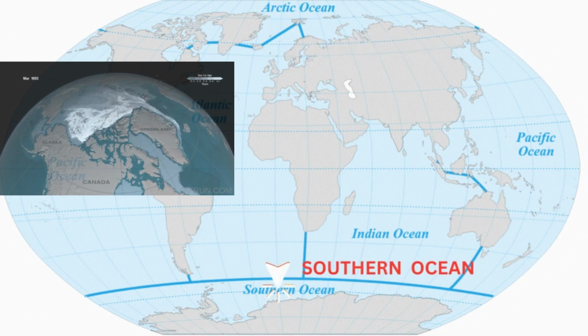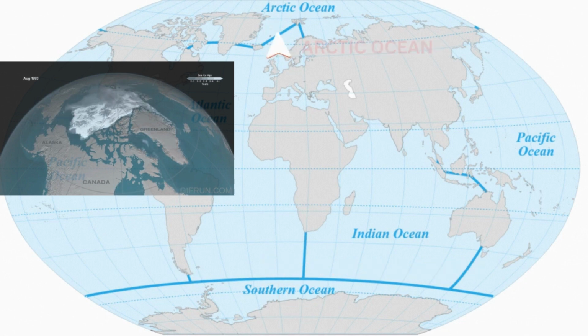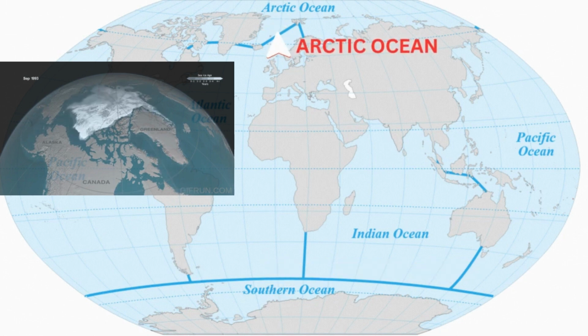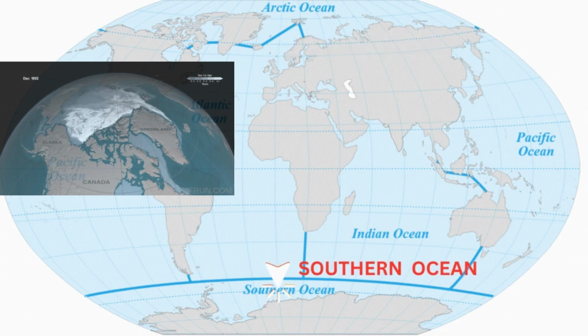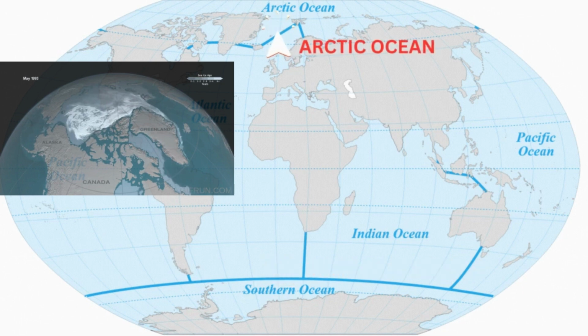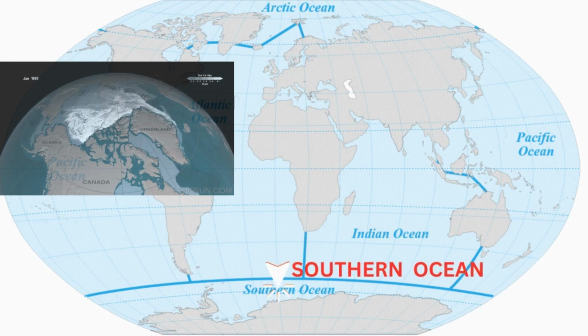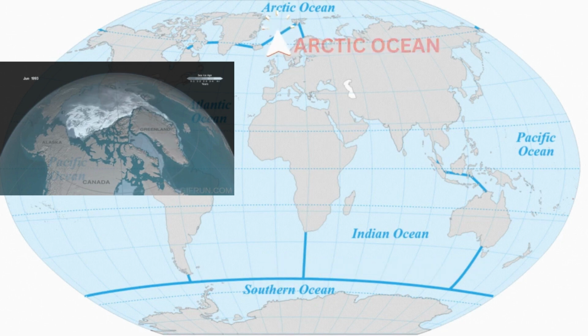These are the Arctic Ocean in the north and the Southern Ocean in the south. Oceans in the polar regions are a bit different from other oceans on Earth. There's often sea ice at their surface.